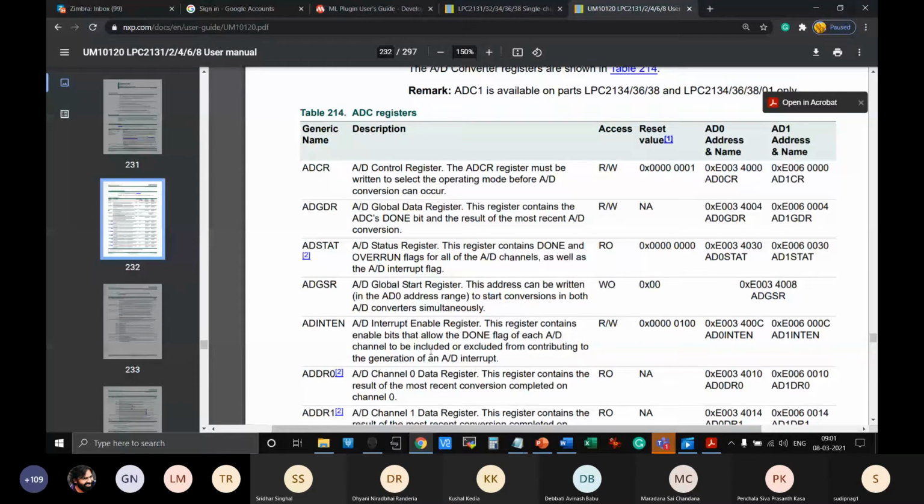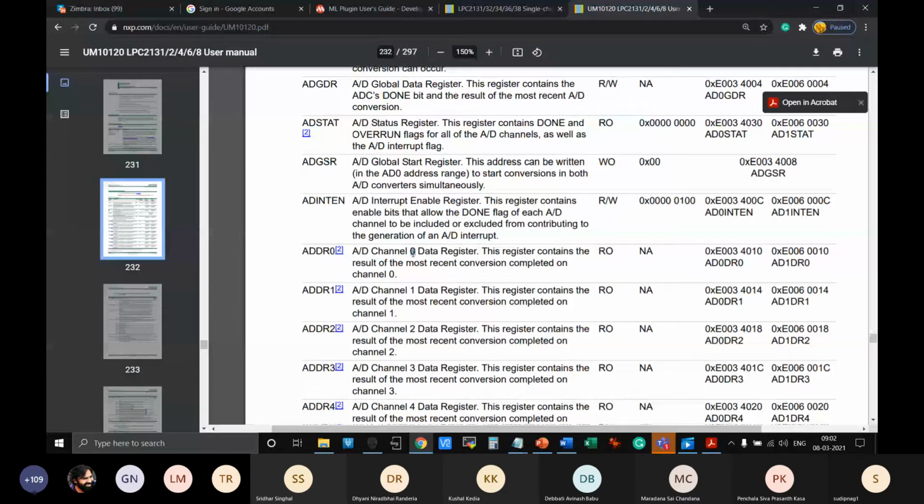And then there are result registers. The result register stores the converted data, 10-bit data in this case, for different channels. For channel 0 or channel 1, there are two different data registers, and you will see the format of these registers as I go along.